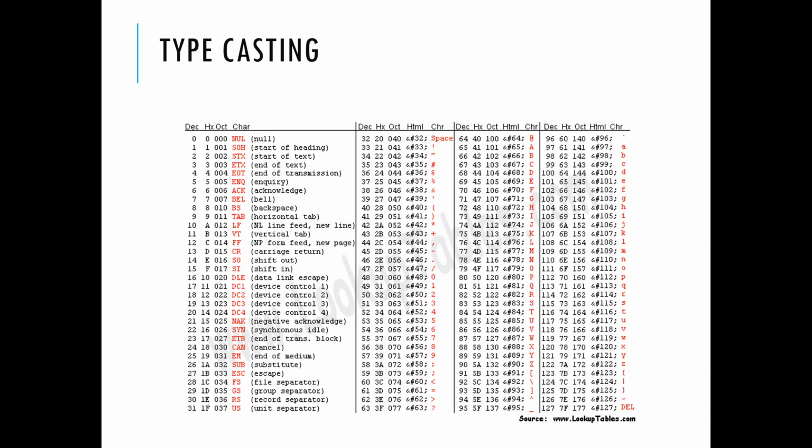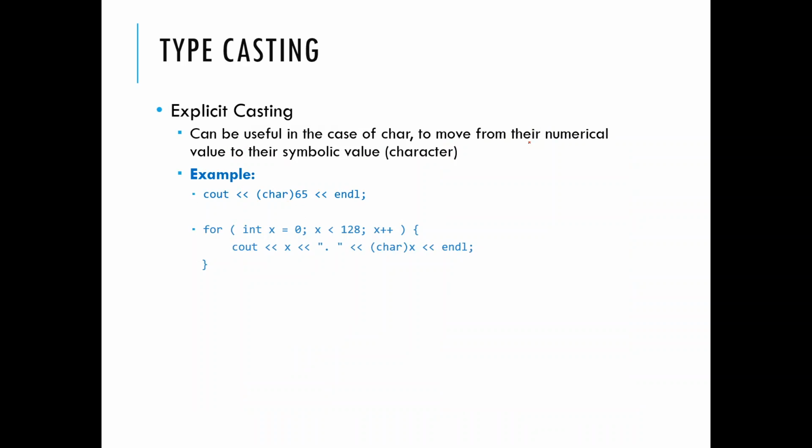All right, so I could take any one of these particular things. So here's my ASCII table for all my various characters. If I went through that ASCII table one character at a time, I can make a for loop, count from 0 to 127, and just output each individual character. I would want to cast it to a character instead of just a number, just so it gives me the right representation. So, by the way, it's uppercase A, sorry, not lowercase a. 65 is A. Here's a cout statement. I go from 0 to 128 and I do this cast.